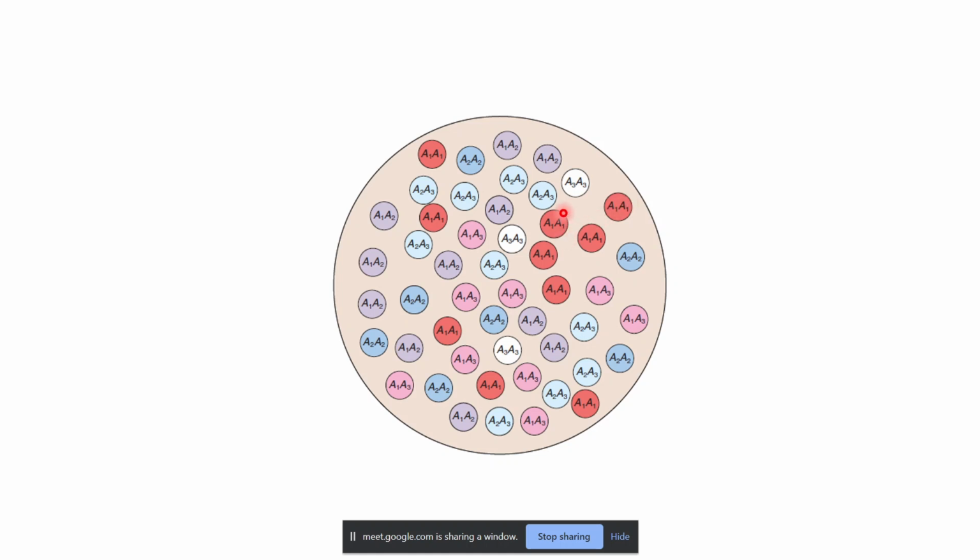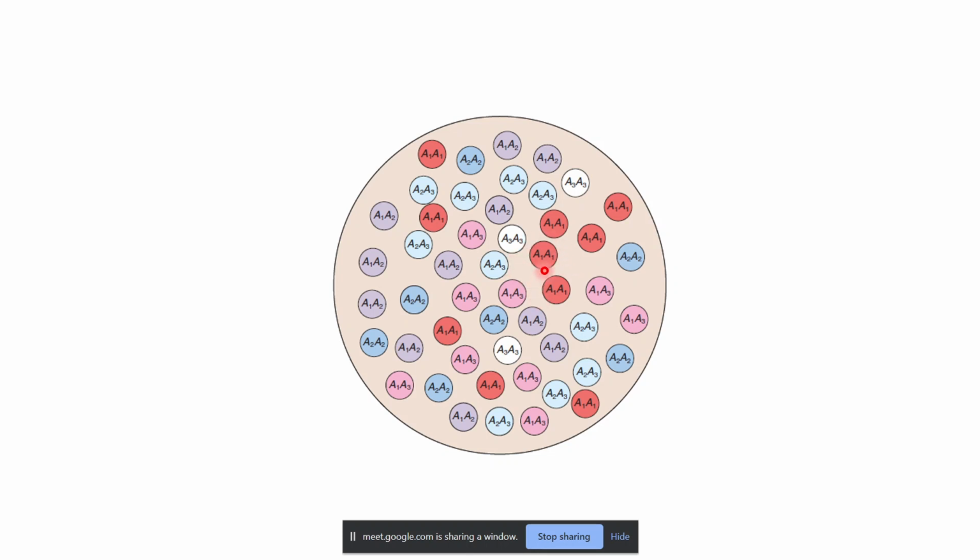We take one gene that has 3 alleles, and every organism is diploid, so it can only have 2 alleles of each gene.